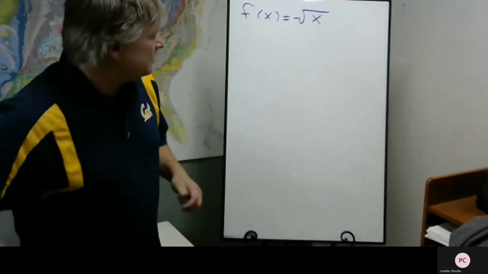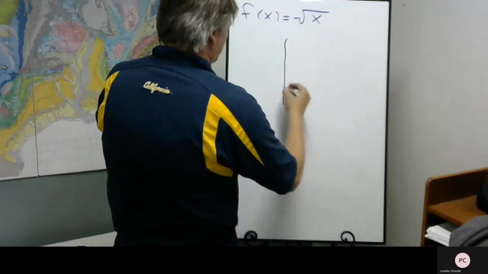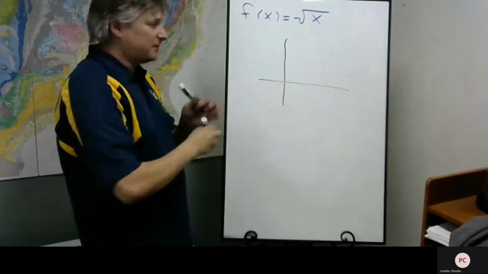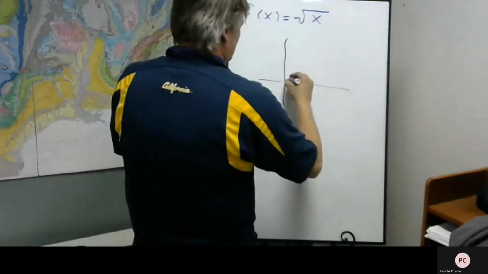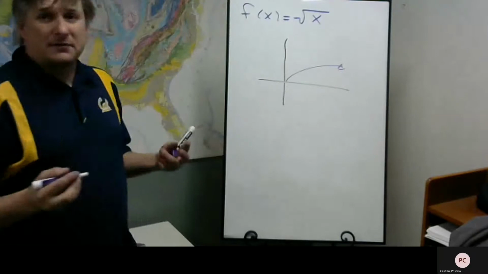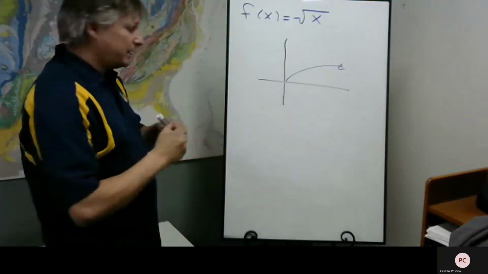That means this is one that we will build other functions out of. And what it looks like, if you were to graph it, it looks something like this. Now, why is that? Well, what you can do is do an XY chart.